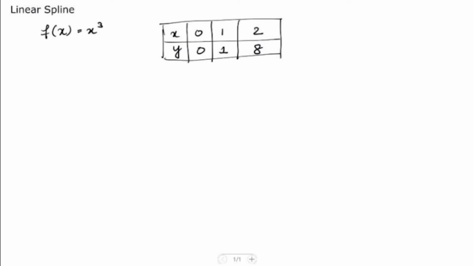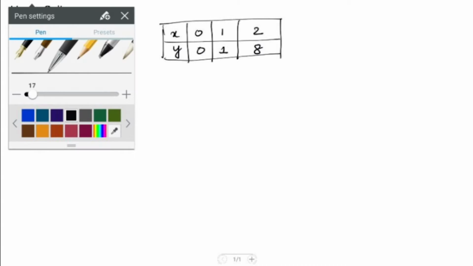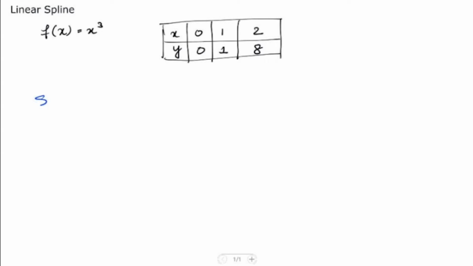Okay, now the formula for a linear spline is S_i of x is equal to y_i plus (y_{i+1} minus y_i) divided by (x_{i+1} minus x_i) times (x minus x_i).